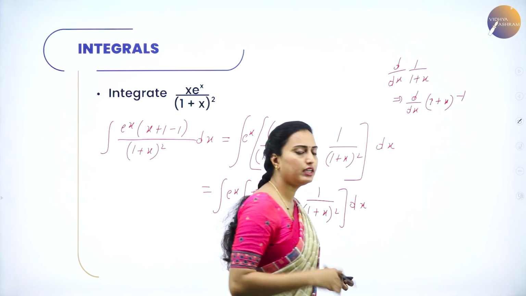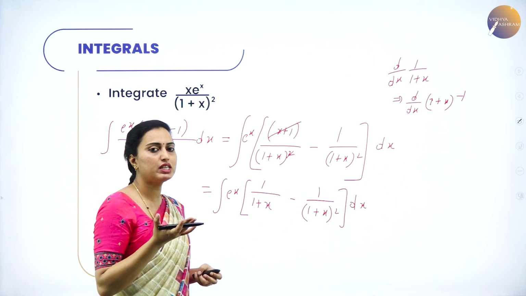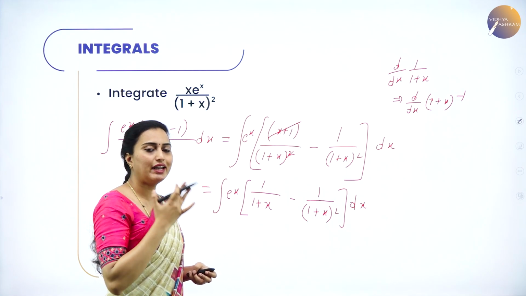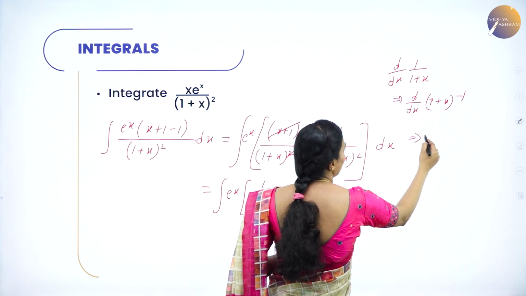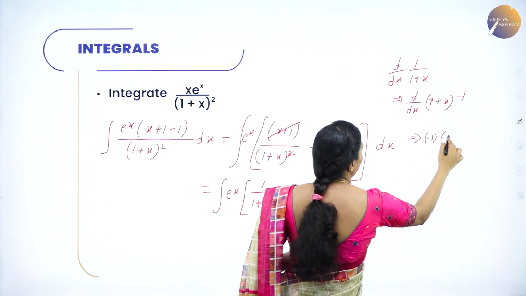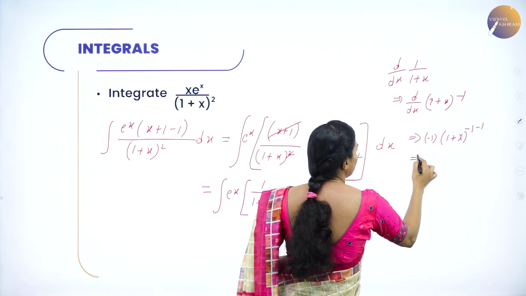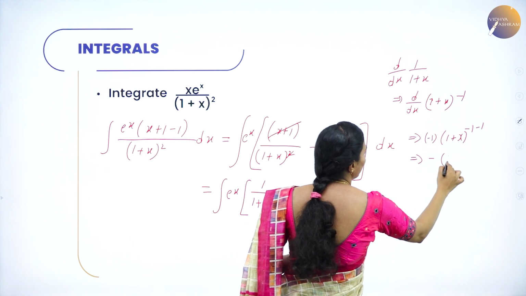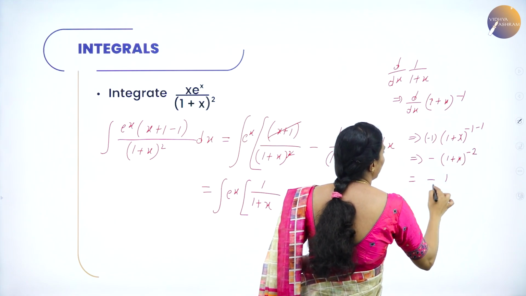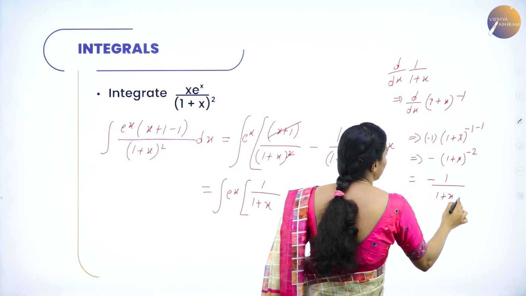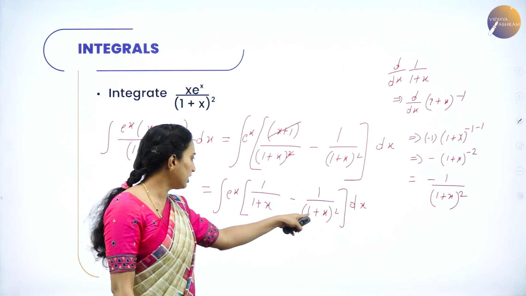According to the rule for 1 plus x whole to the power of n, the derivative is n into 1 plus x to the power of n minus 1, which gives minus 1 divided by 1 plus x whole squared, right, which is of the same form.